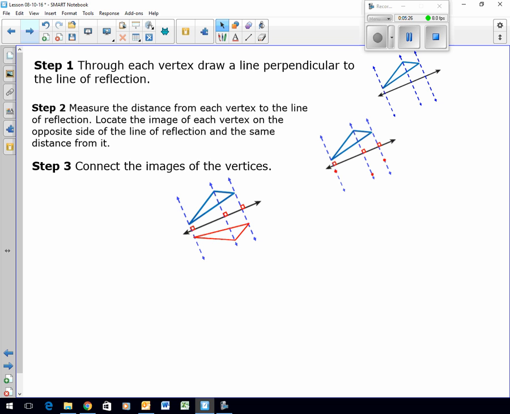So if you want to get real technical with it, the angle is everything represented in red. The vertex is the black dot. So when it says draw a line through each vertex, it means from the point that the angle is created.